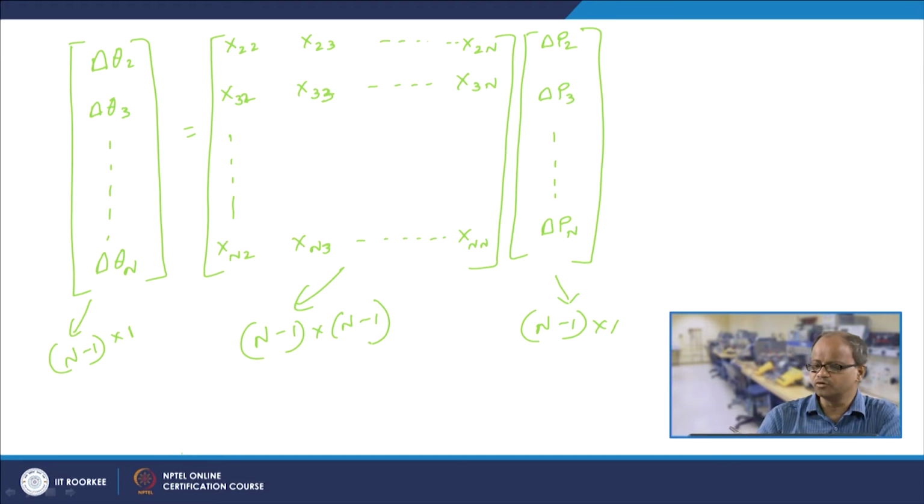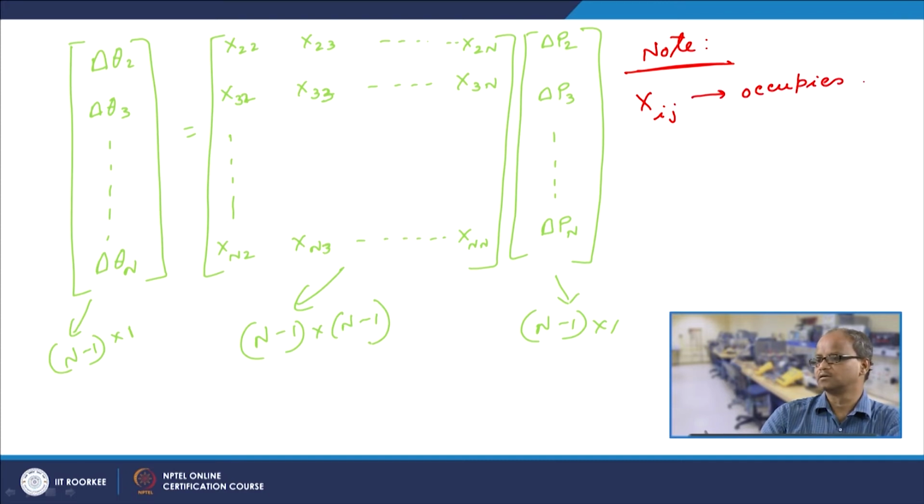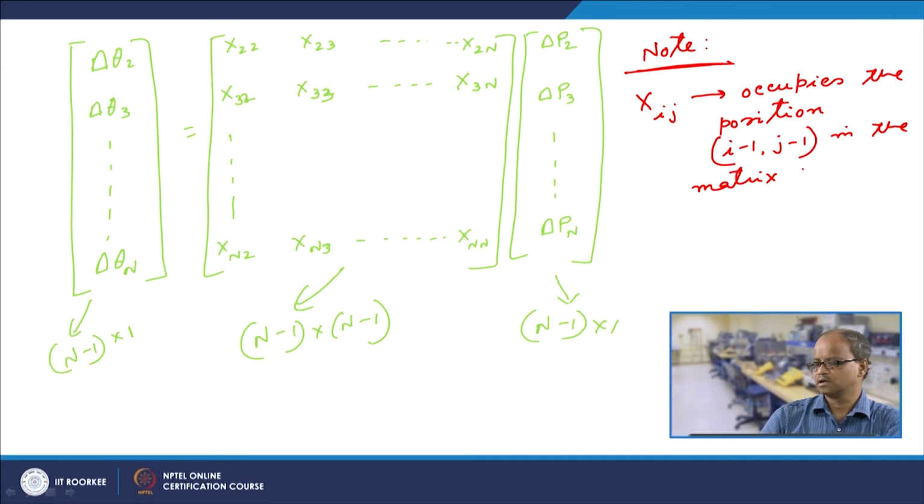Please note, to avoid any confusion, that xij occupies the position i minus 1, j minus 1 in the matrix X. This is very important.